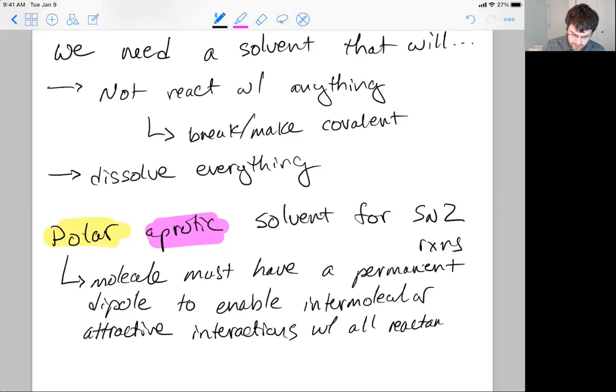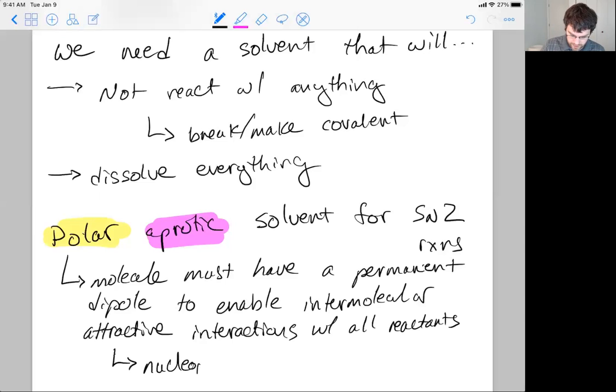Now, actually the haloalkane doesn't worry too much about if the solvent is polar. It just needs to not be too polar, like in the case of water. But it needs to be polar enough to dissolve the thing that's hardest to dissolve, which is our nucleophilic salt.